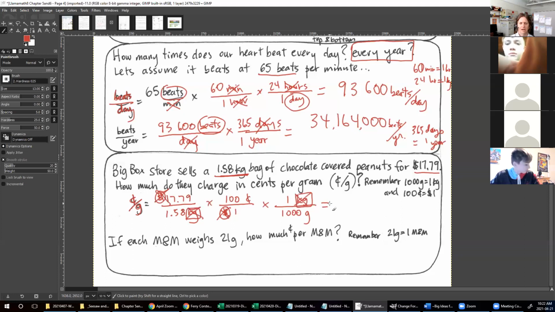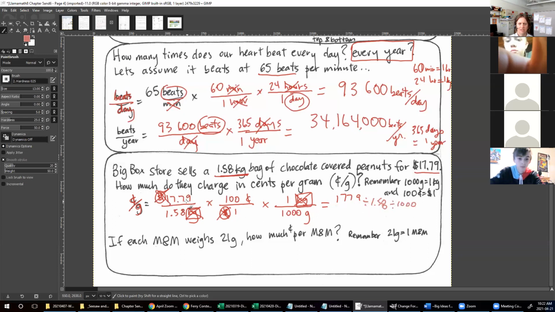So this is how I would do it in the calculator. I would say 17.79 times 100. It gives me 1779, divided by 1.58, and then I hit my answer, and then I'm going to divide it by 1,000 again.